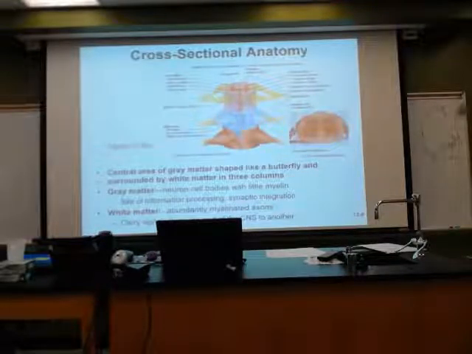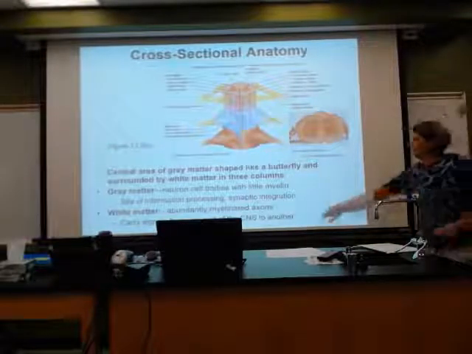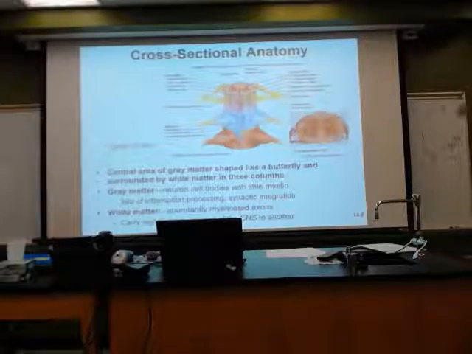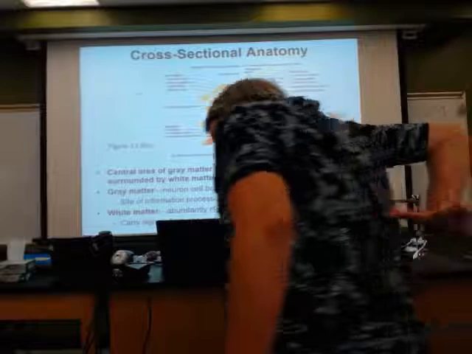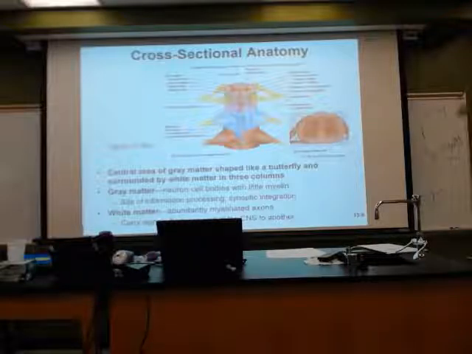Think about it. The white matter means we're dealing with our axons for the most part. Because when I think about that axon that has to leave the protection of the bone, it needs protection of some sort.